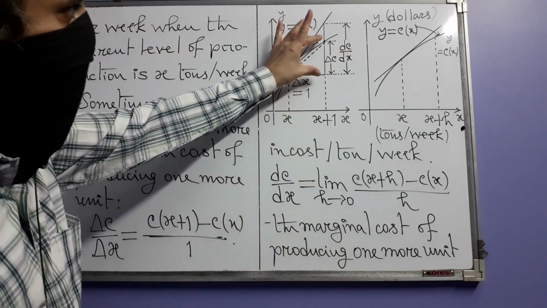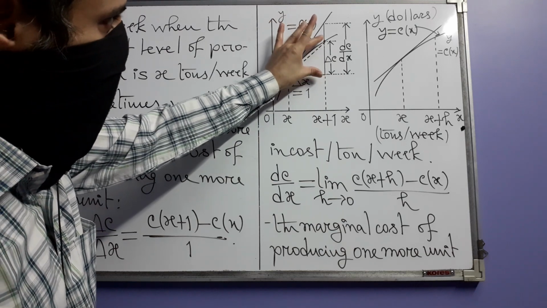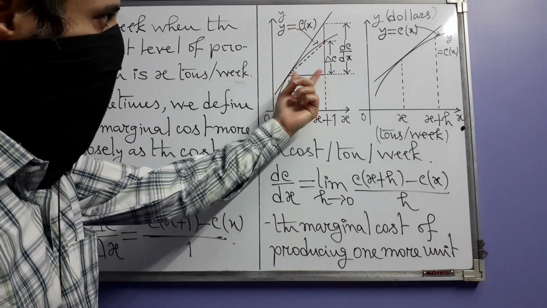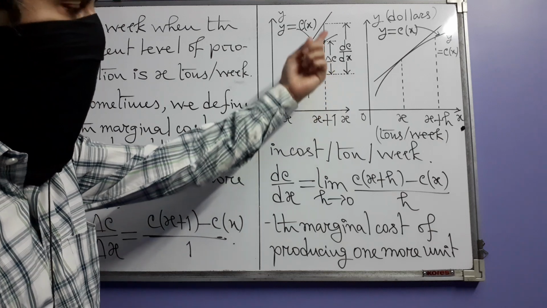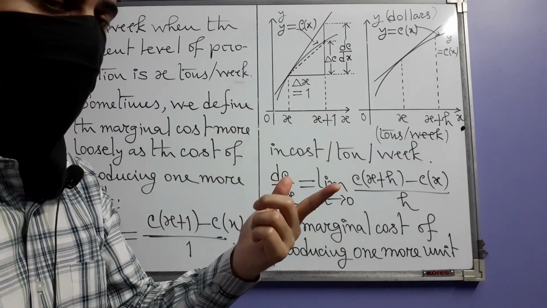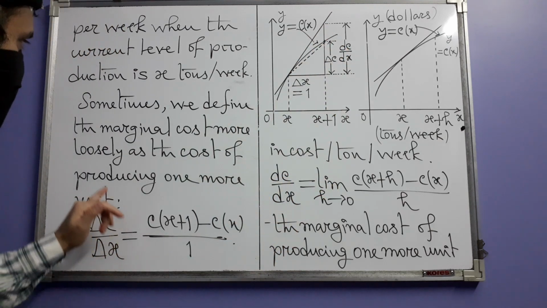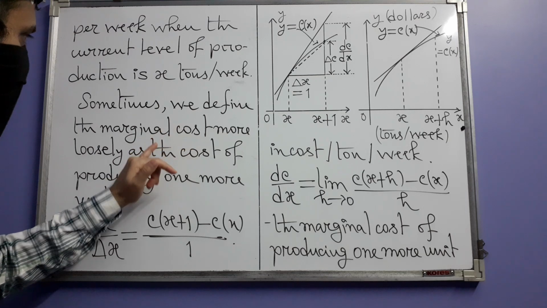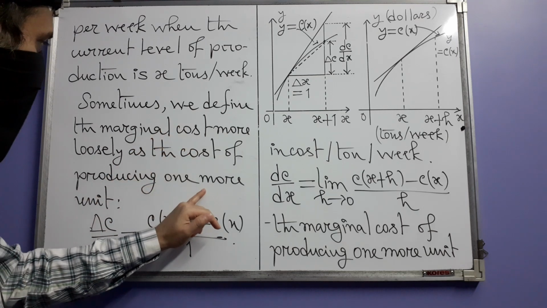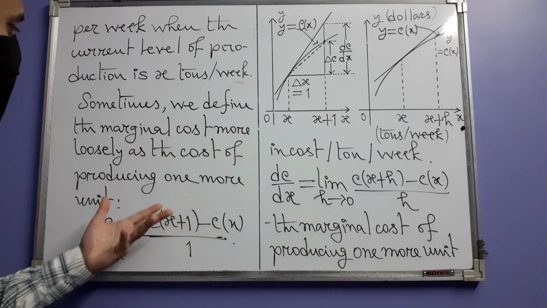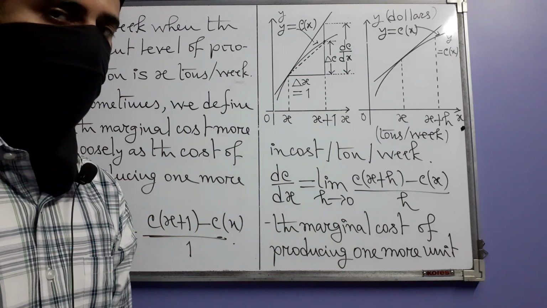And that slope is this length divided by 1. But this length is the increase in cost for producing one more unit. So that's why we say that sometimes we define the marginal cost as the extra cost of producing one more unit.